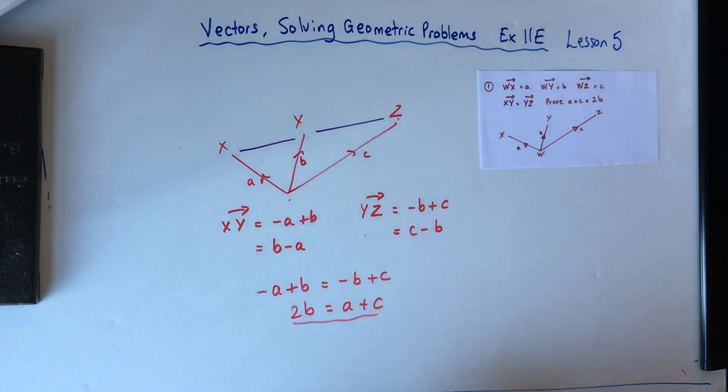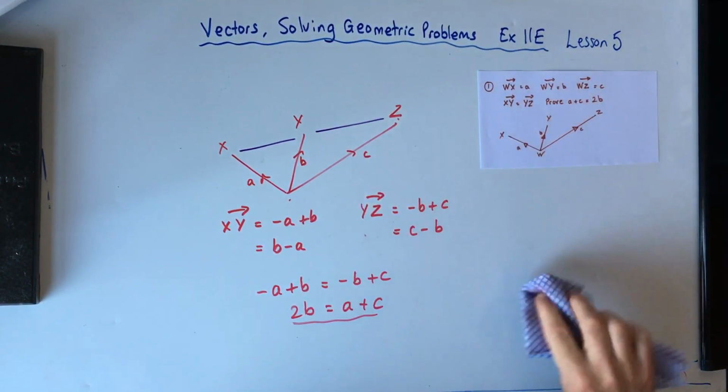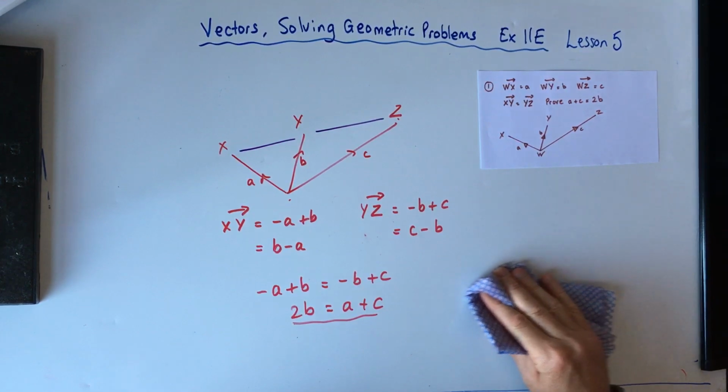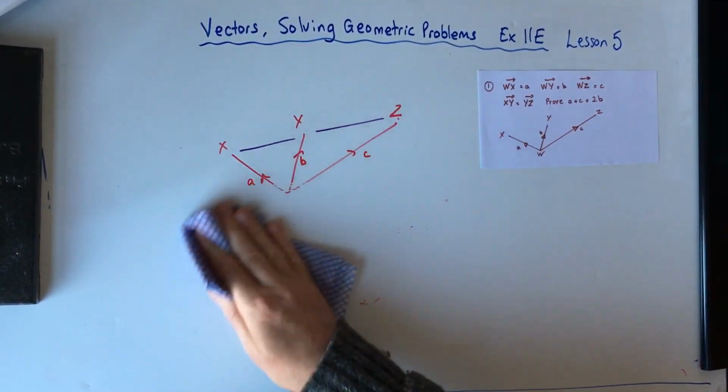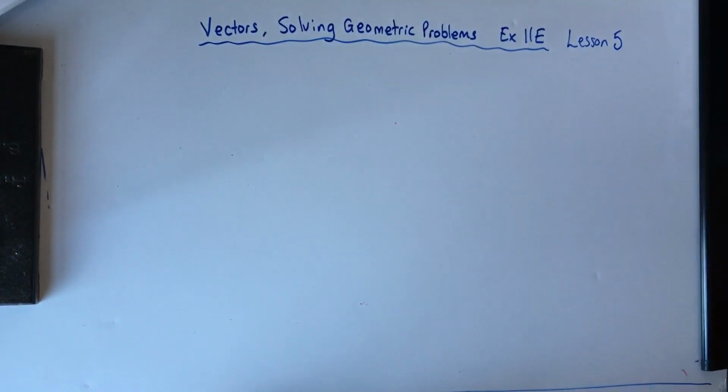So number 1 is fairly straightforward. You can see all of these we're going to do by using this triangulation. So let's get rid of that one and put that to one side.